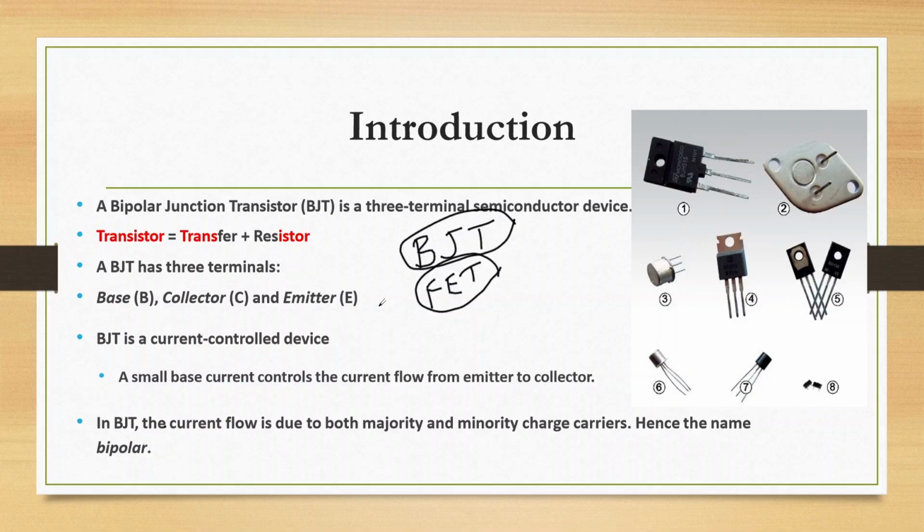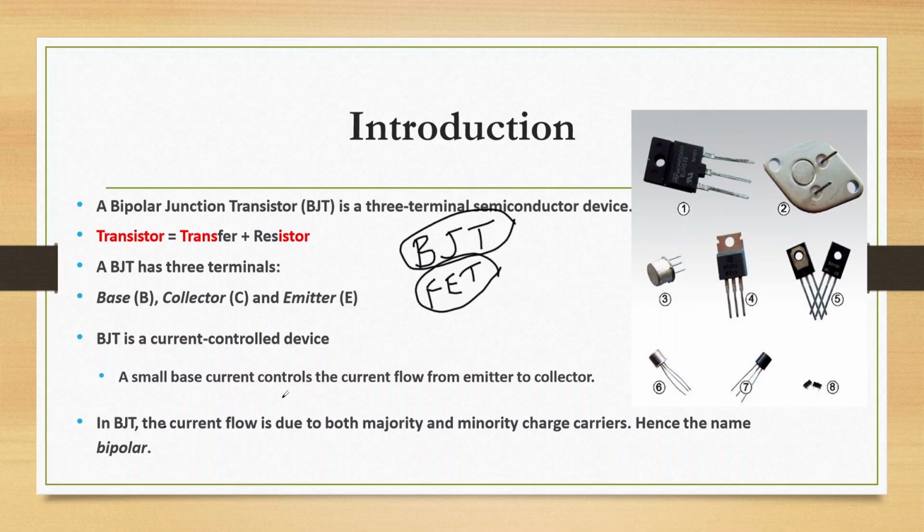We also call this BJT a current control device. Why is it named a current control device? A small base current which flows through the base terminal controls the current flow from emitter to collector.